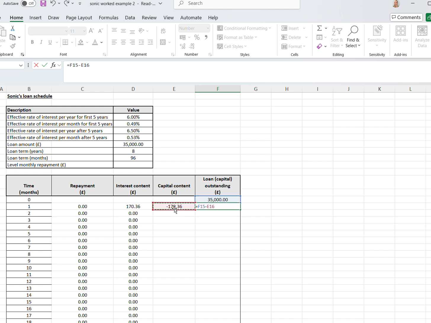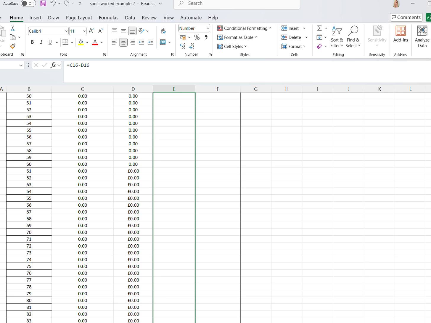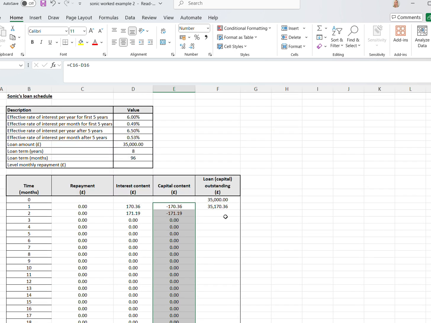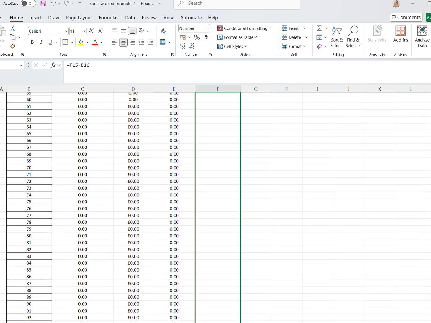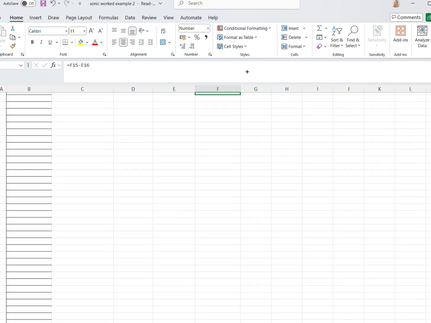Got excited there. So we drag these down until we get to month 96. And then I'm going to drag this down until I get to month 96 as well.